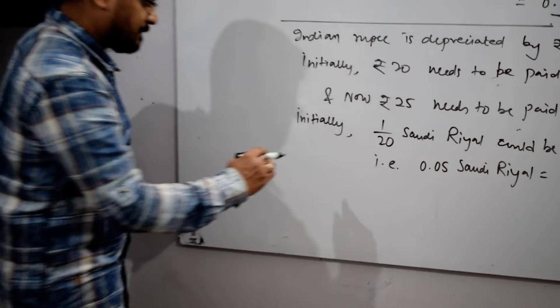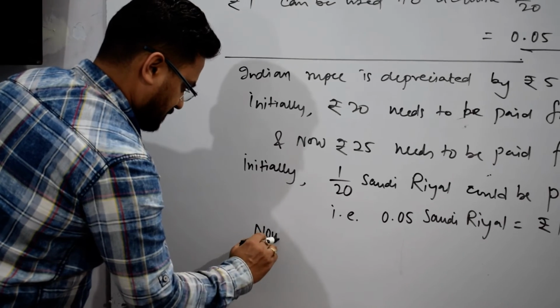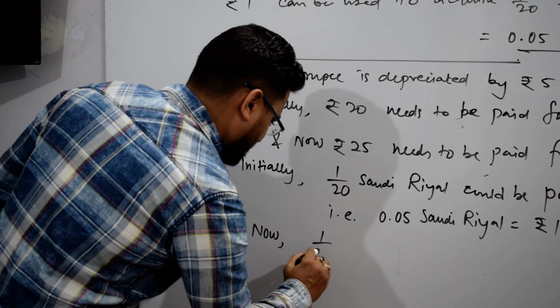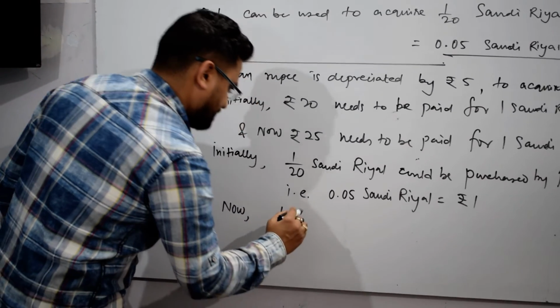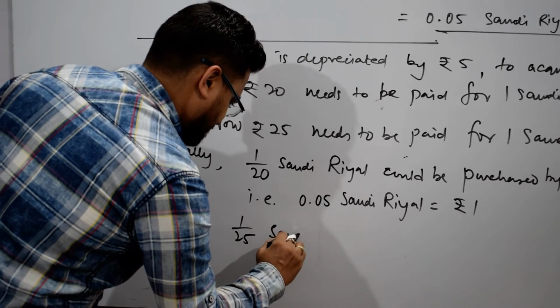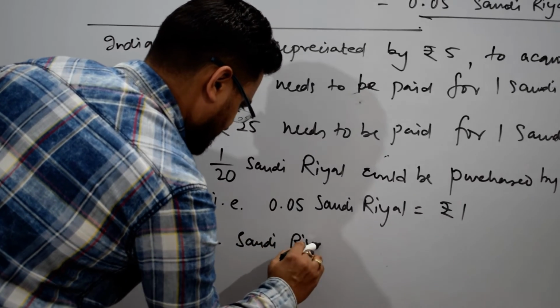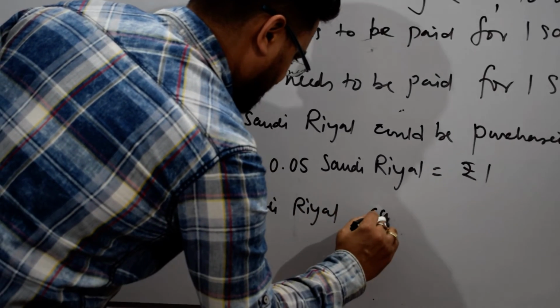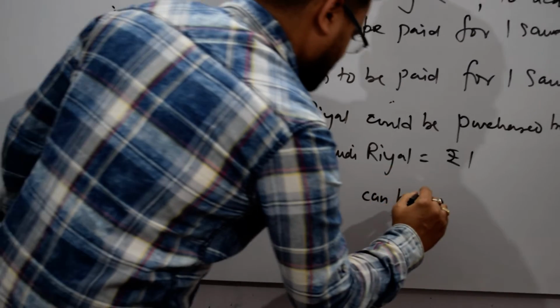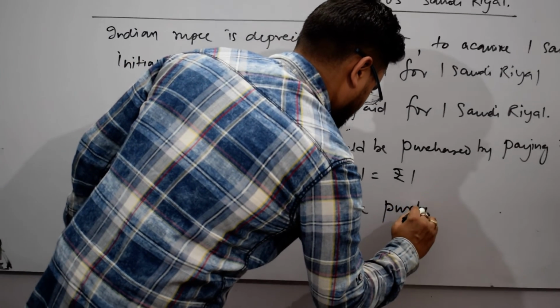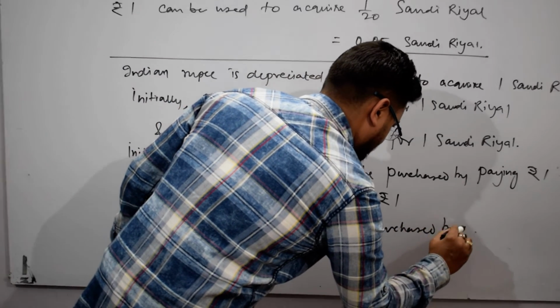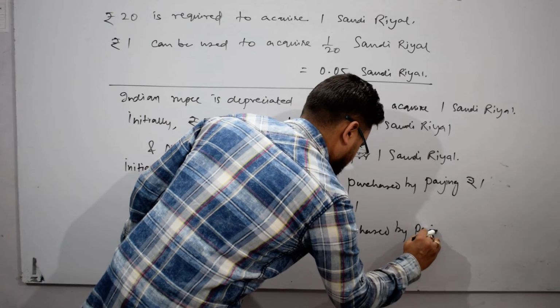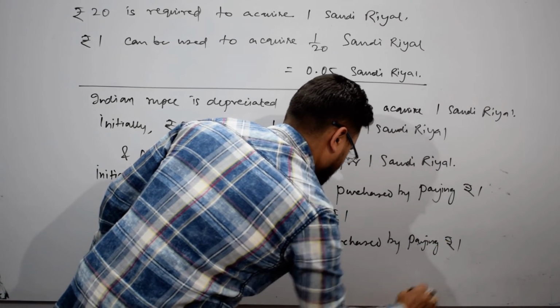But now 1/25 Saudi Riyal can be purchased by paying rupee 1.